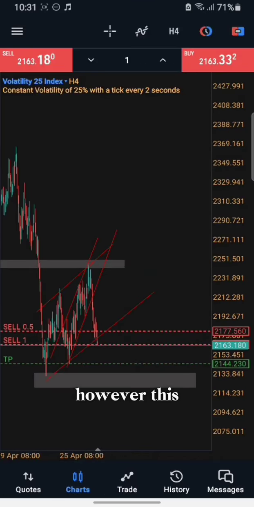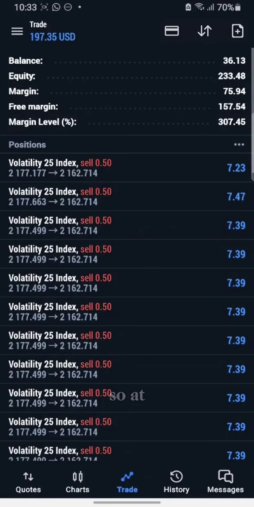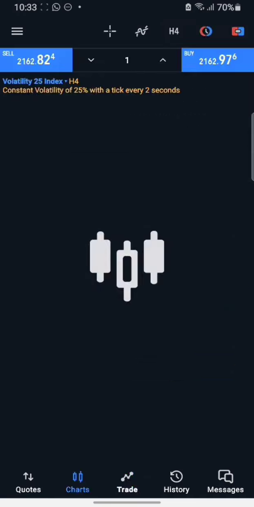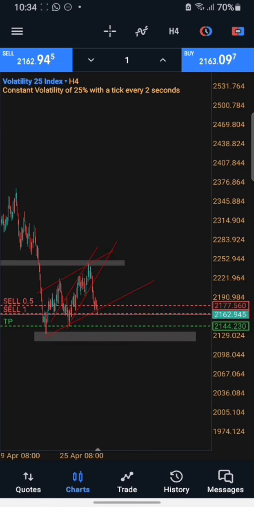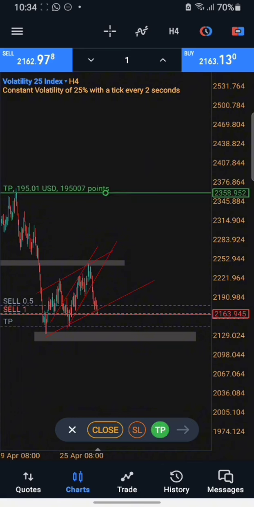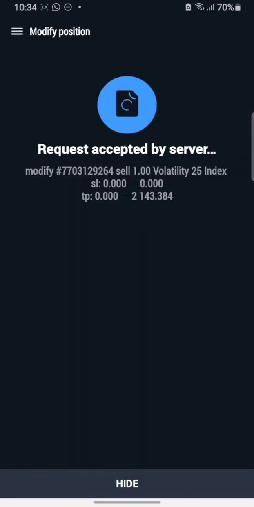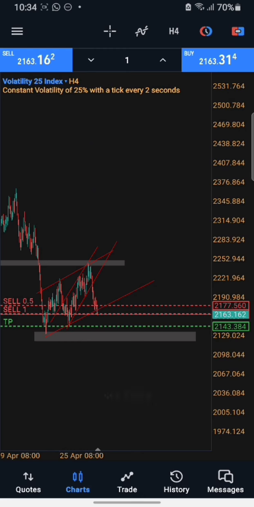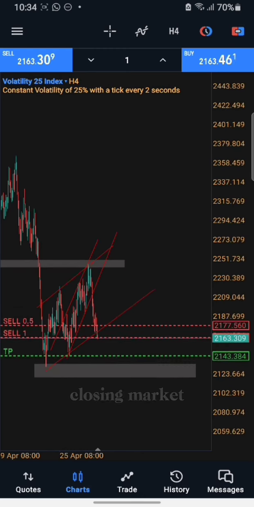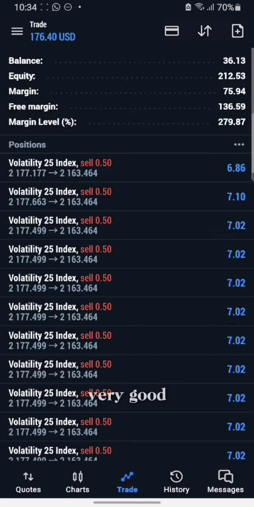However, this is a lot, so at any time I can just close the market. Remember the TP. So this is it. I think closing the market is a very good thing to do.